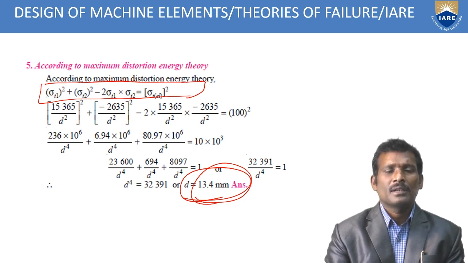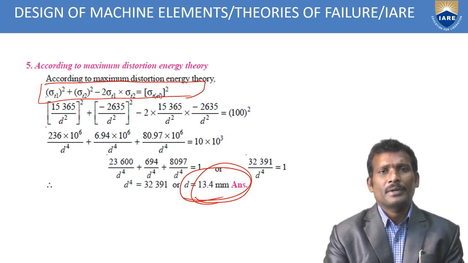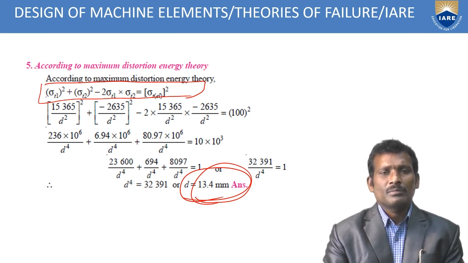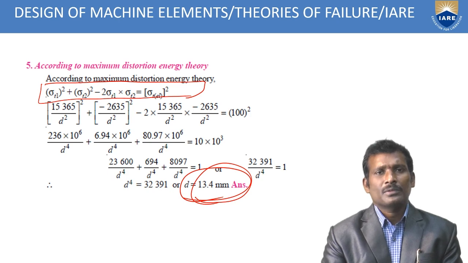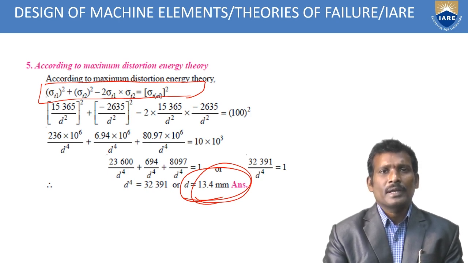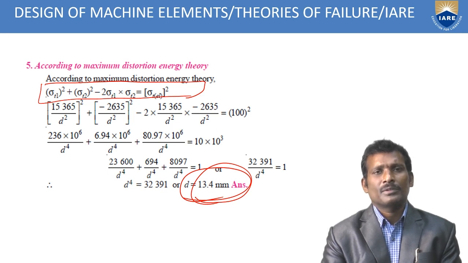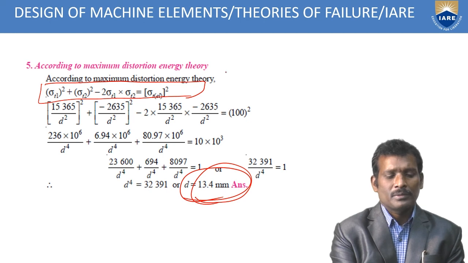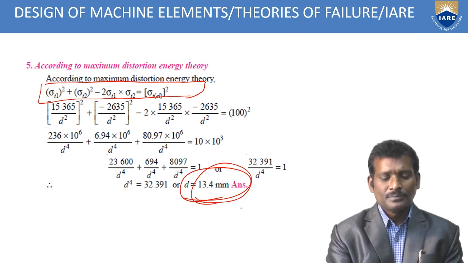What has been asked: calculate the diameter of the bolt when the bolt is subjected to torsion and high tensile loads according to theories of failures. So the given bolt withstands according to the maximum distortion energy theory.